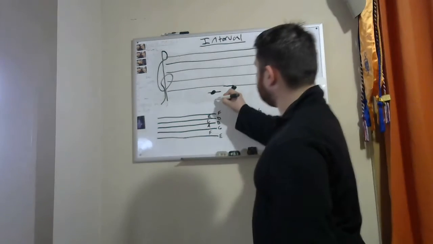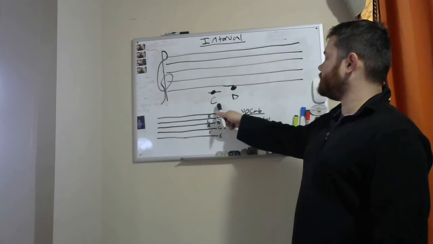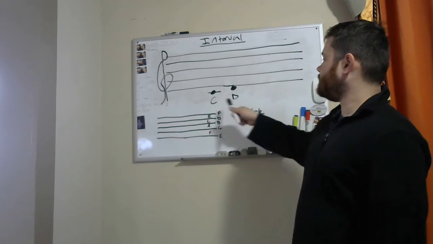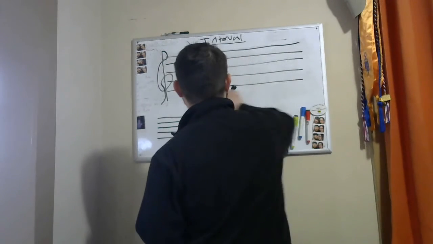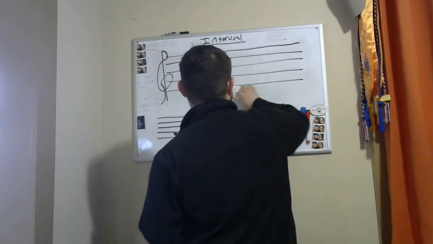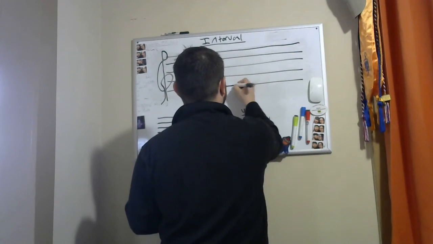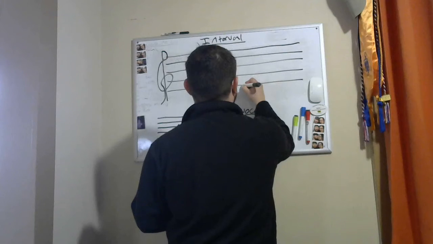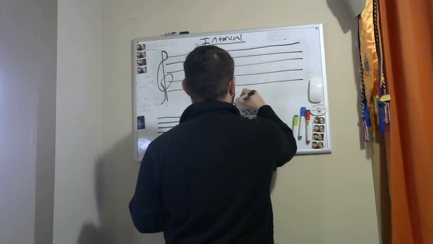So we have C and D, and we say it's a second because it's two letter names. C, D. Alright, let's do our next one. We're going to keep the C as our first note because we're just breaking our chromatic scale down. And we're going to talk about a third.